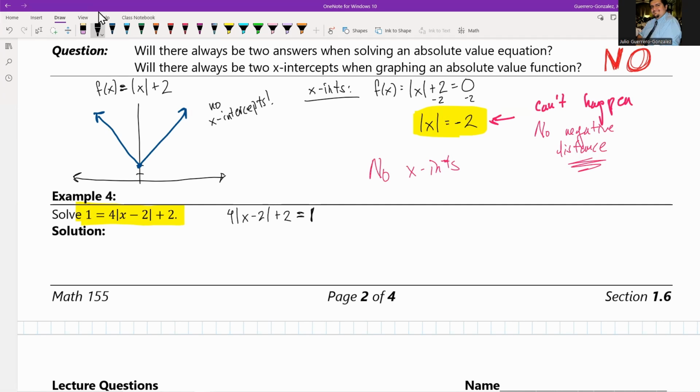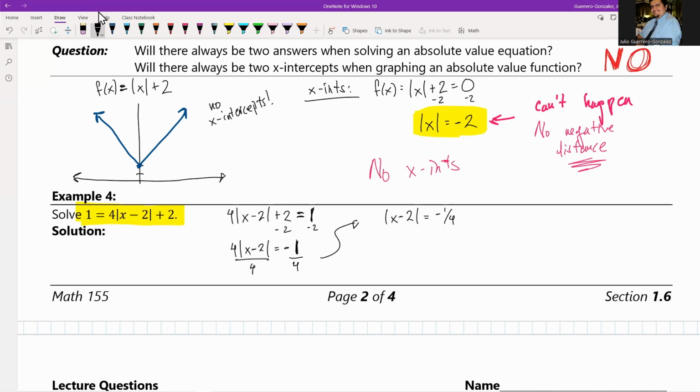I'm going to go ahead and subtract 2, so 4 times the absolute value of x minus 2 is equal to -1. I need to isolate the absolute value, so I divide by 4 on both sides. The absolute value of x minus 2 is equal to -1/4.